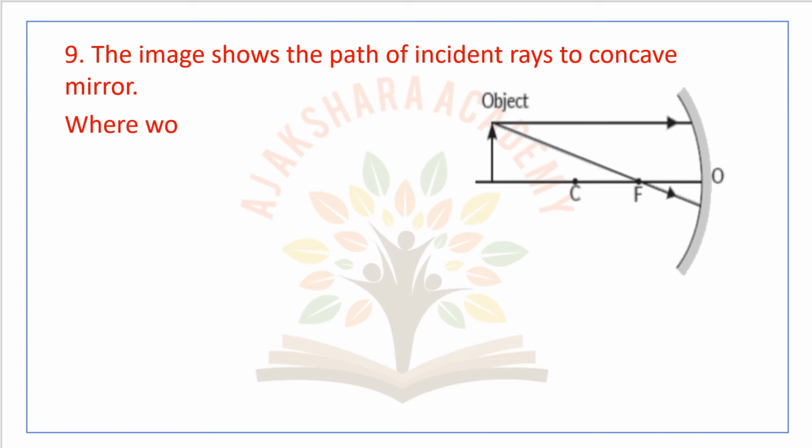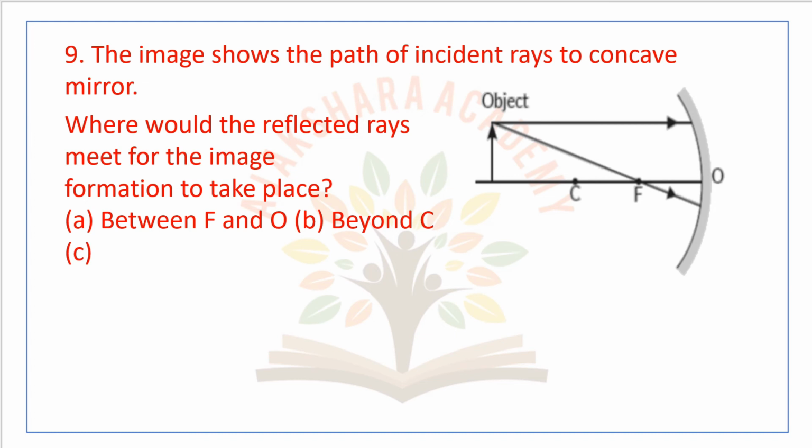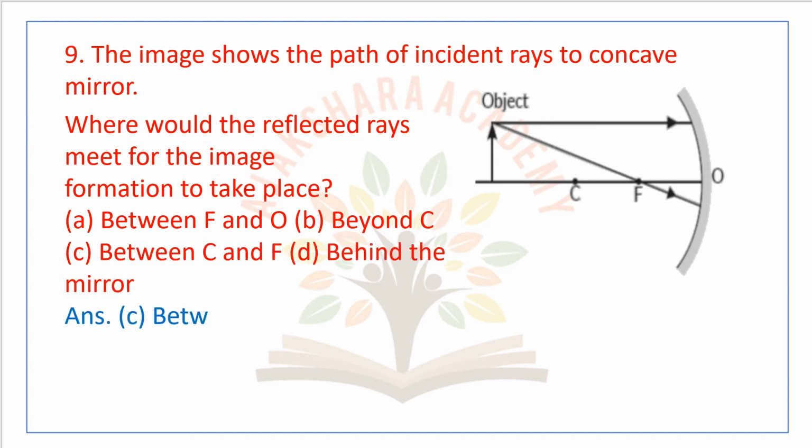Let us see, where would the reflected rays meet for the image formation to take place? Between F and O, between C and F, or beyond C, behind the mirror. See this. When the object is placed beyond C, the image is formed between F and C.